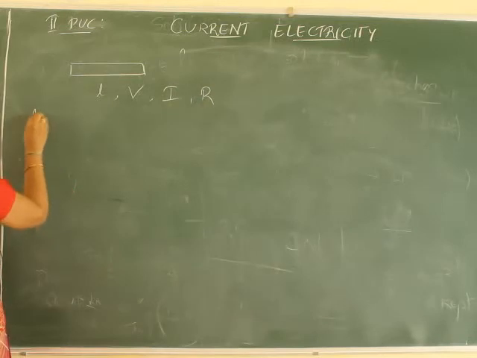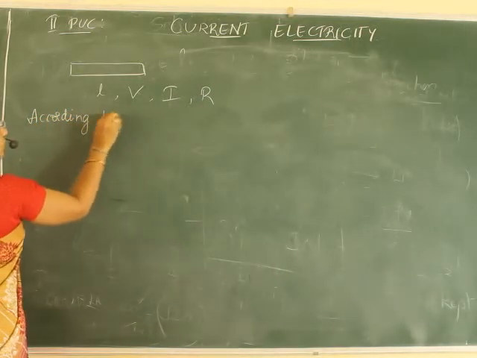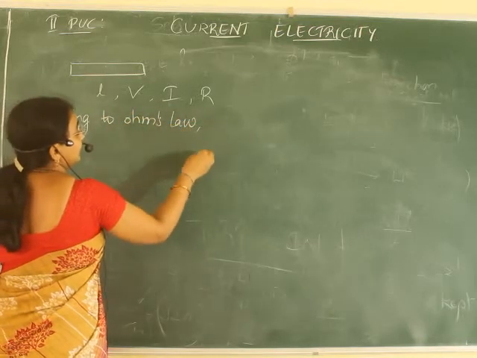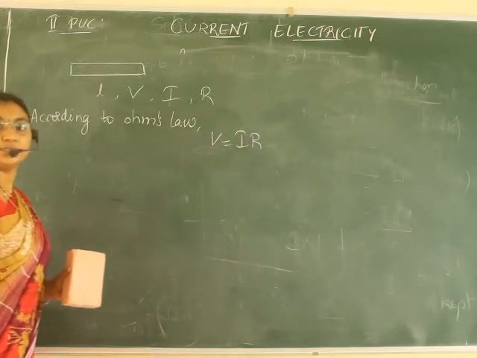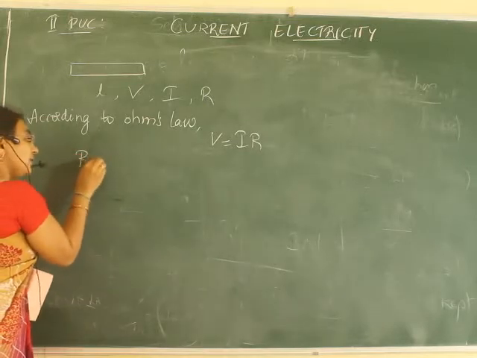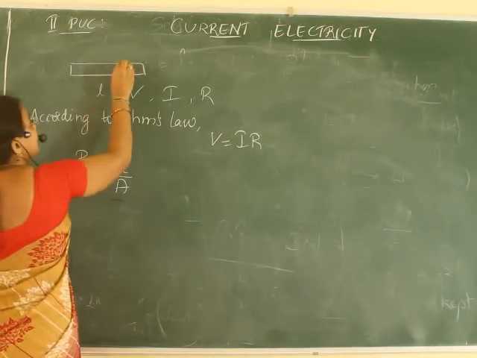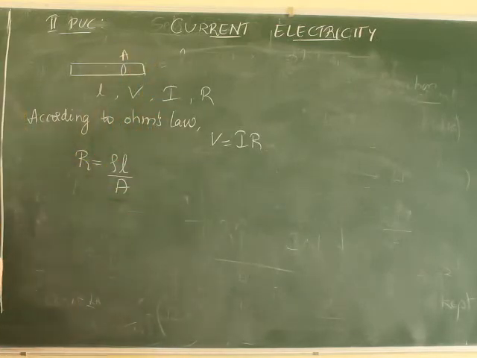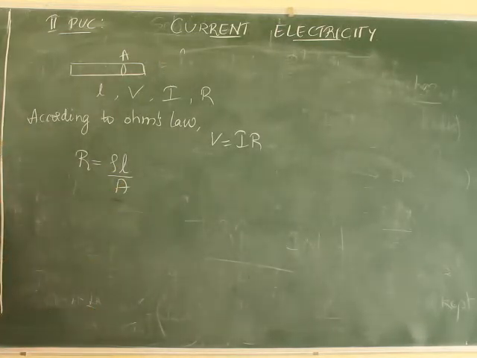According to Ohm's law, I can say V is equal to IR. We know that R is equal to rho L by A, where A is the area of cross section of the conductor, and rho is the resistivity of the conductor.